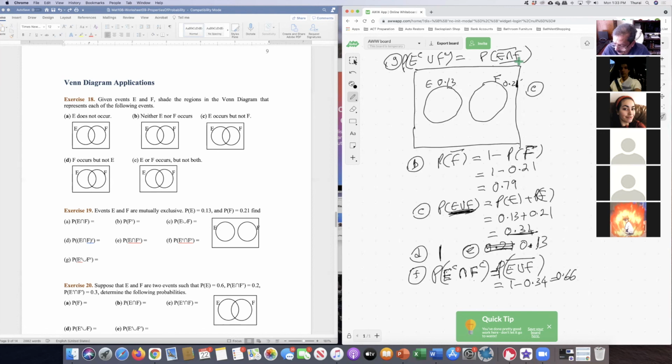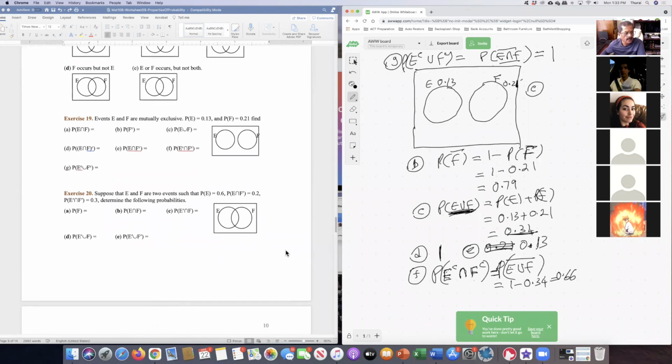We already found that to be 1 because E intersection F is empty. So universal set is what outside intersection is. So when they're mutually exclusive, you know, all this additional thinking you have to do. So that's why I brought up that problem.